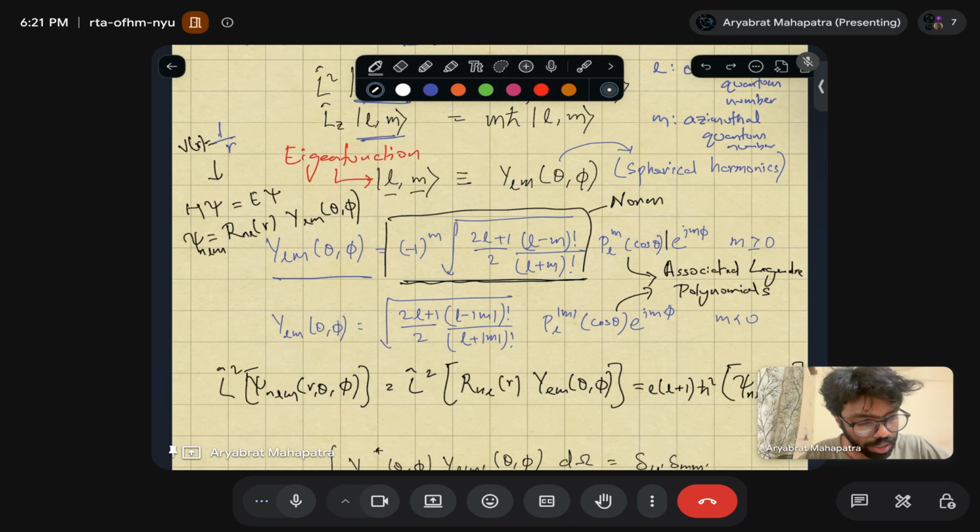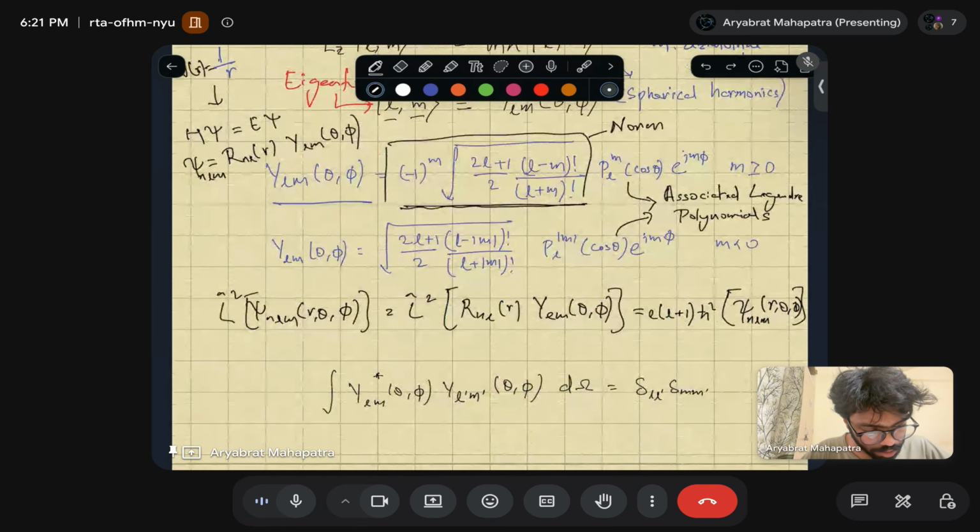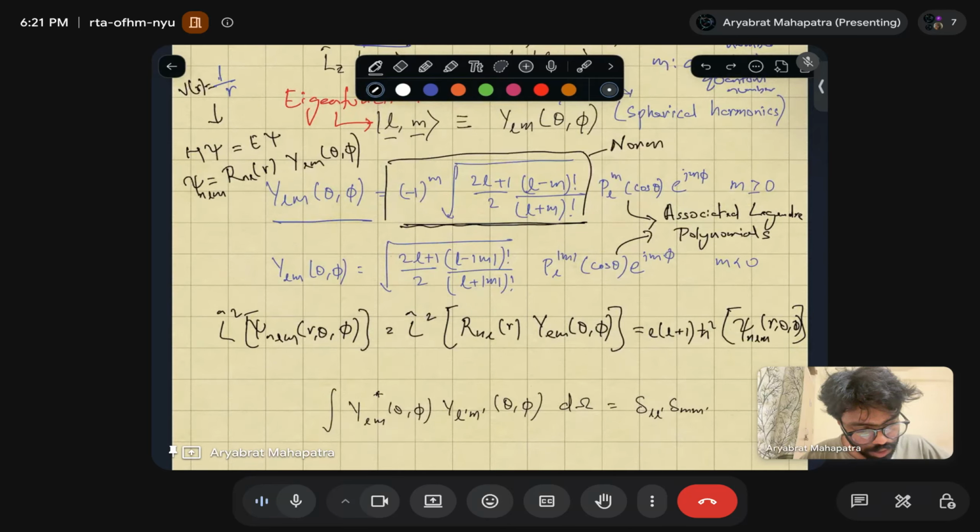If you see, m has negative values and also some positive values.